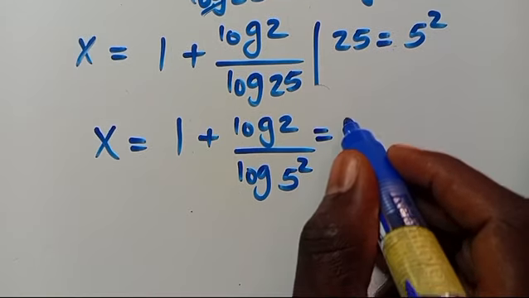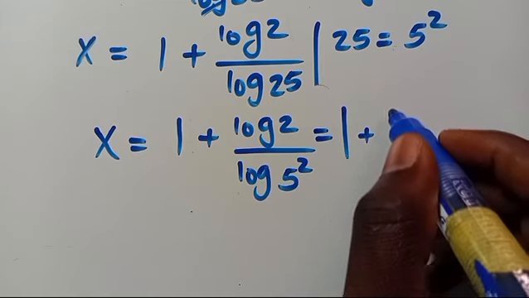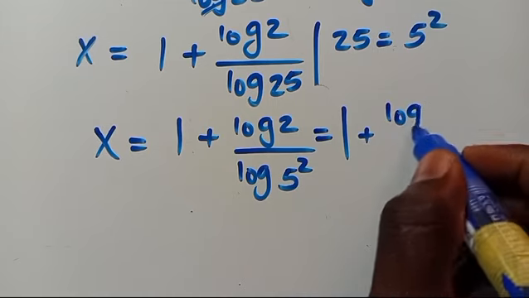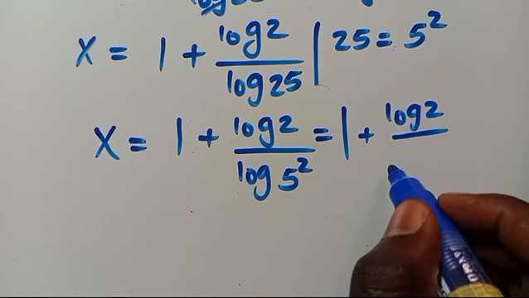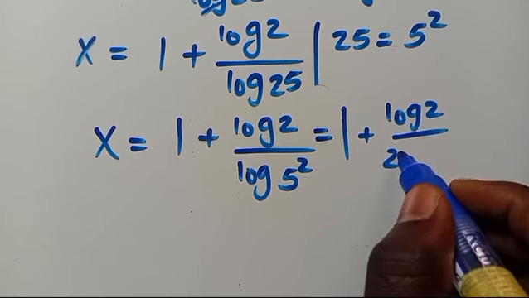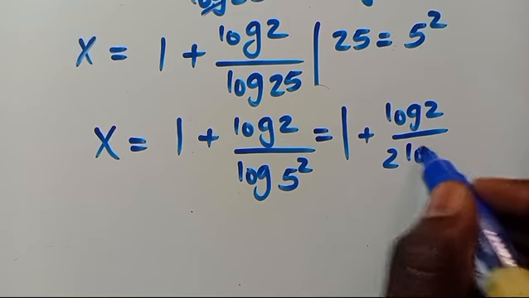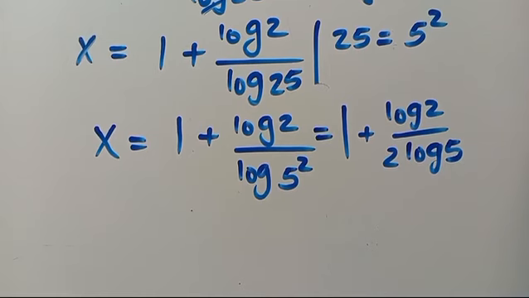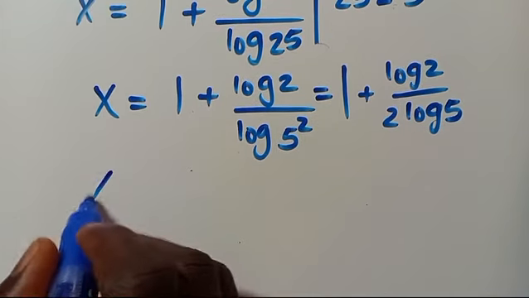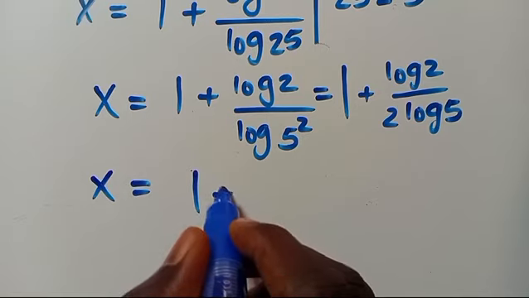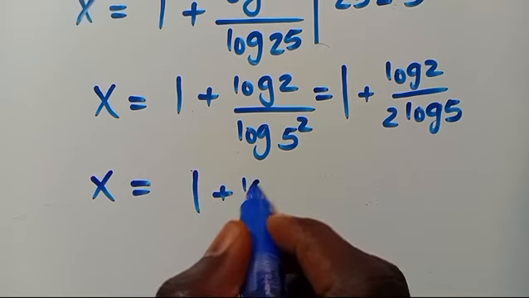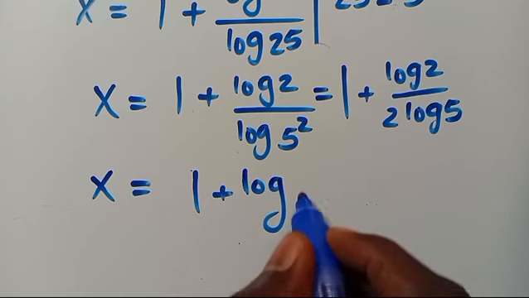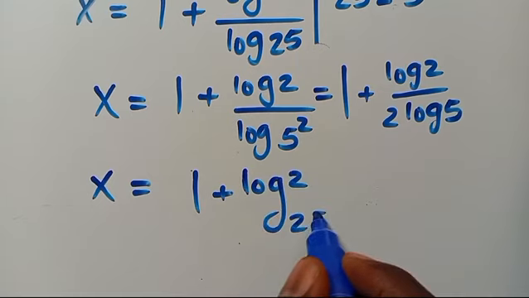And this will equal 1 plus log 2 over 2 times log 5. So we have x in short as 1 plus log 2 in base 25.